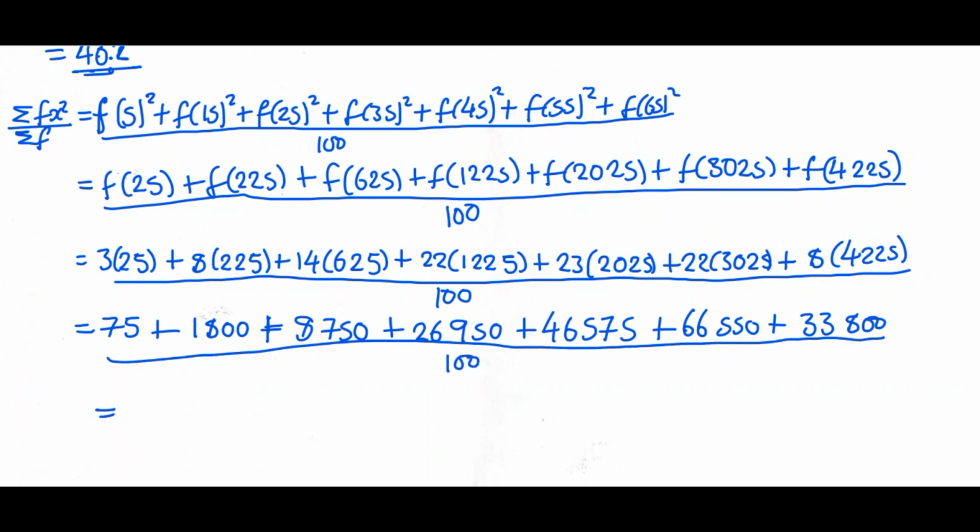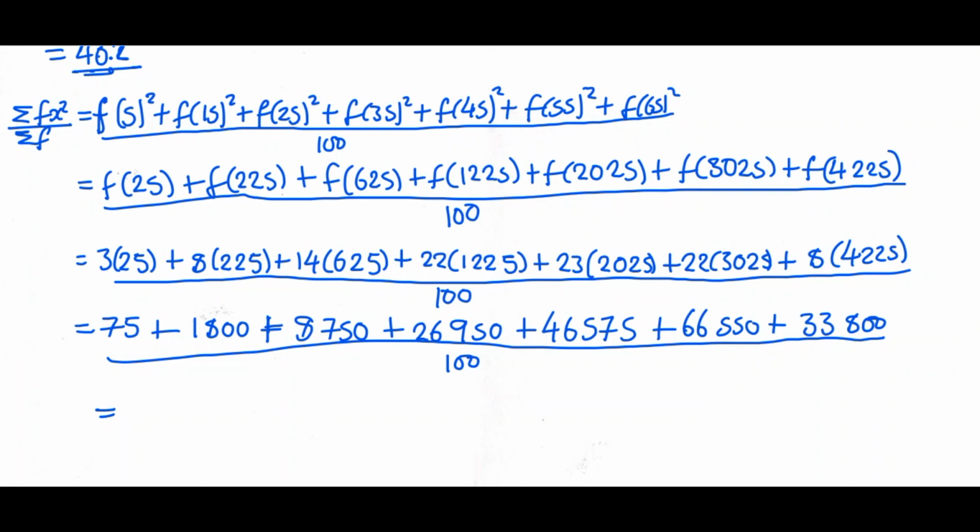So let's add. We have 75 plus 1800 plus 8750 plus 26,950 plus 46,575 plus 66,550 plus 33,800.